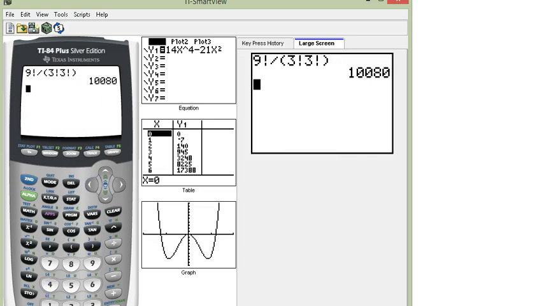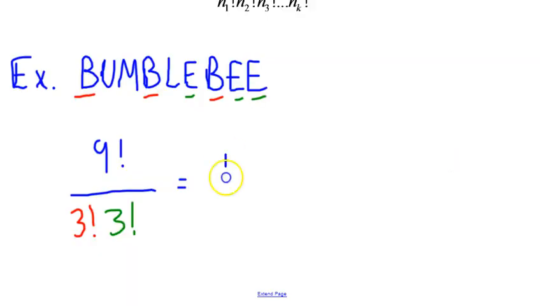So we type that in, calculate, we get 10,080. So there would be 10,080 different ways to rearrange the letters in the word bumblebee when taking into account not being able to distinguish the 3 B's from one another or the 3 E's from one another.